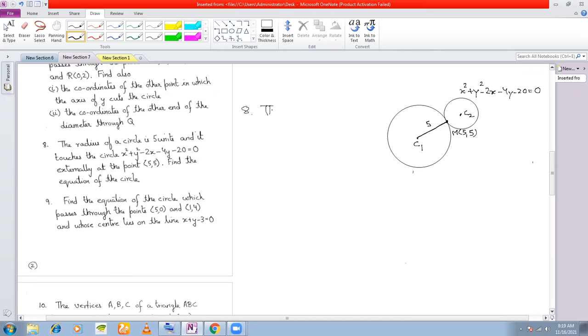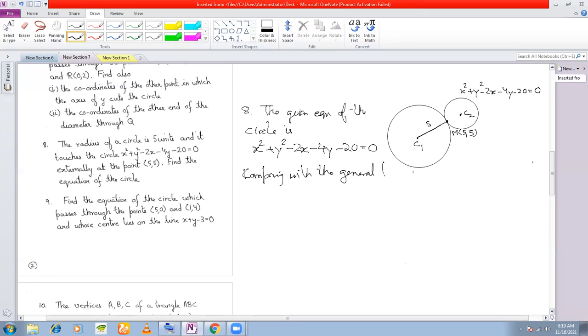So the given equation of the circle is x square plus y square minus 2x minus 4y minus 20 is equal to 0. Comparing with the general form, we get 2g is equal to minus 2, 2f is equal to minus 4, and c is equal to minus 20.